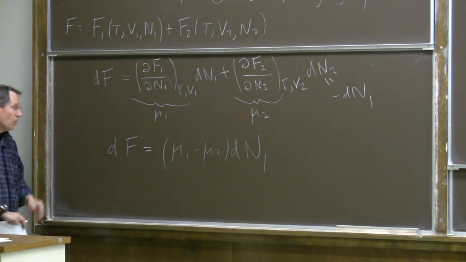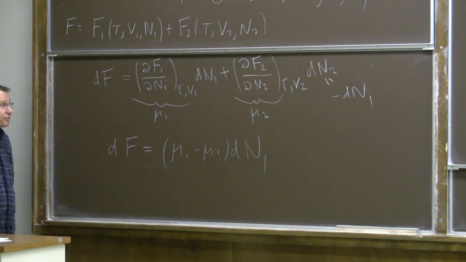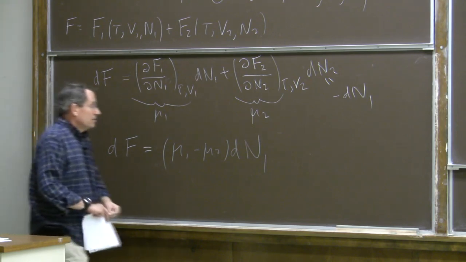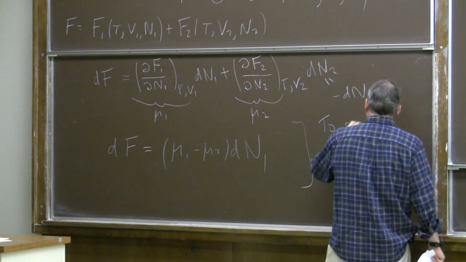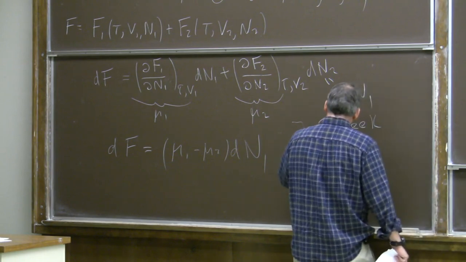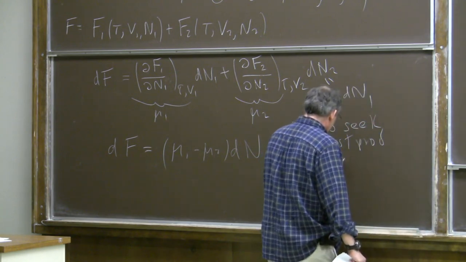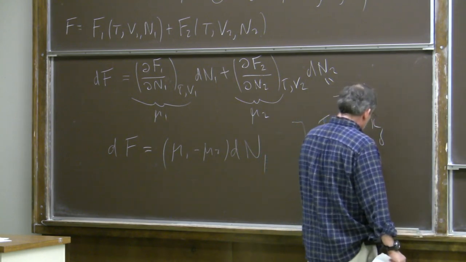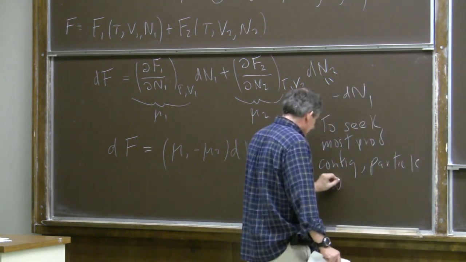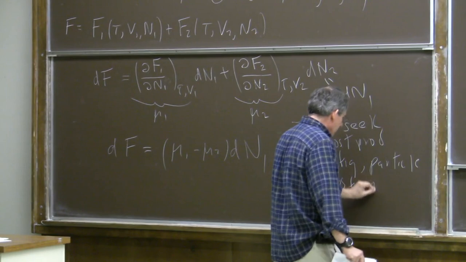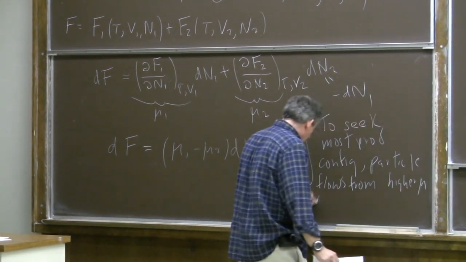dN1. So in order to seek out a more probable configuration, which means a lower value of the free energy, to seek the most probable configuration, particle number flows from the higher chemical potential and toward the lower one.